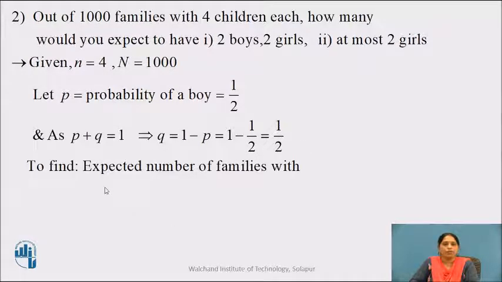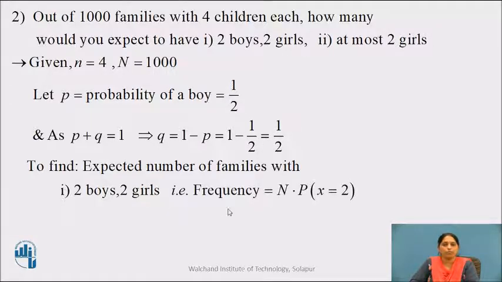And here we have to find out the expected number of families with first point, 2 boys, 2 girls. That is, here we have to find out the frequency capital N into probability of x equals to 2. Here if there are 2 boys, then obviously 2 girls will be there. So don't get confused here.